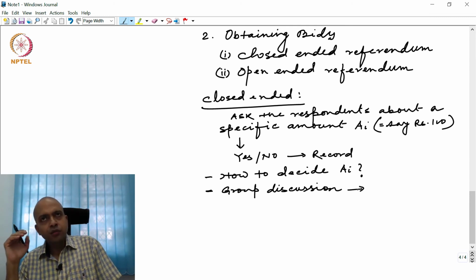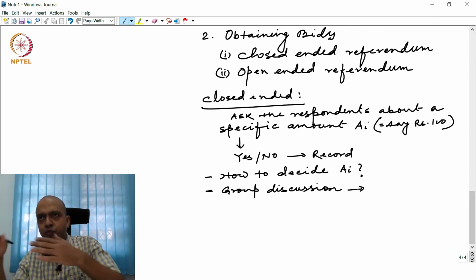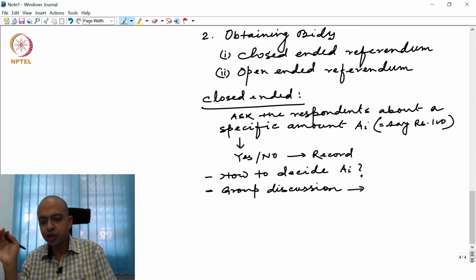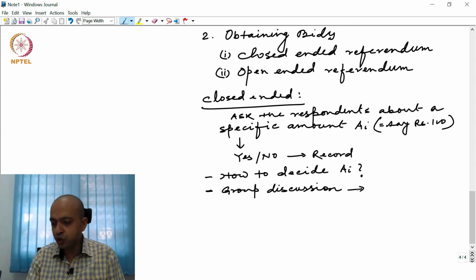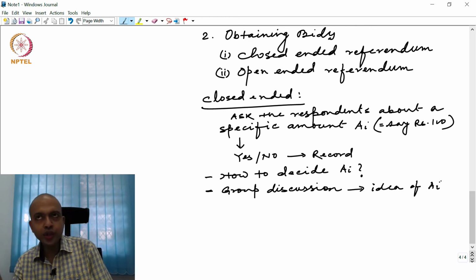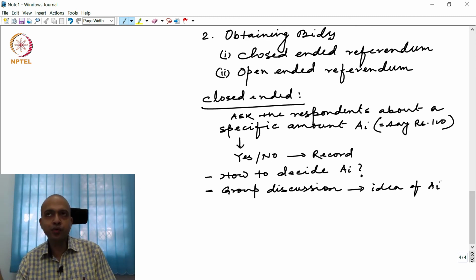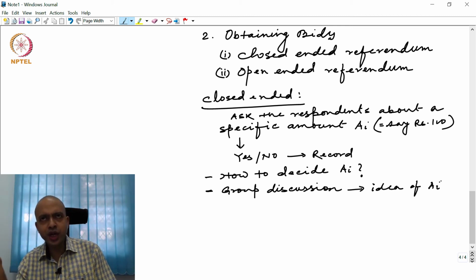When you discuss with people in several groups in that location, that group discussion will lead to some idea of A. If we don't go to that place, if we don't talk to the people, then it is very difficult to have some idea about A.